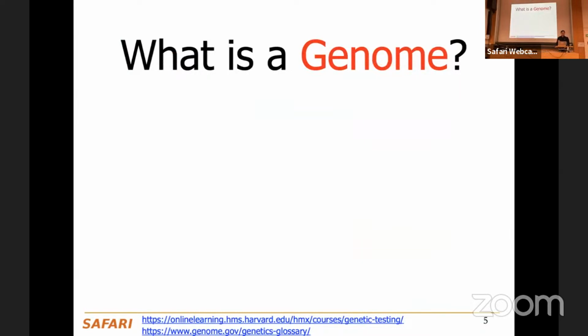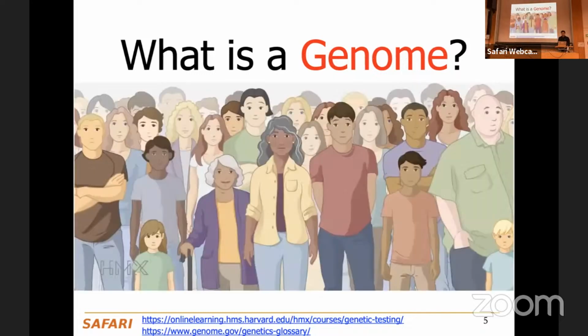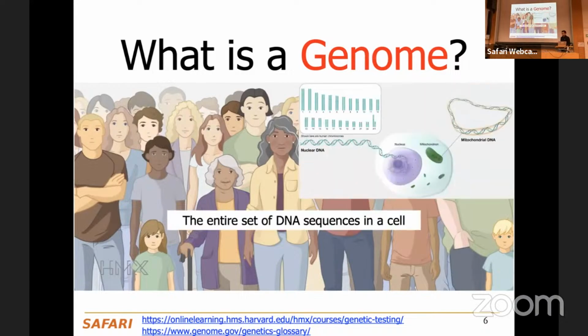But then what is a genome, right? A genome is what enables us to have different traits, right? Perhaps different eye colors, different phenotypes, and so on. The genome is, loosely speaking, especially for eukaryotic genomes, the DNAs, a bunch of DNAs or chromosomes that are located inside your cell, specifically in your nucleus.